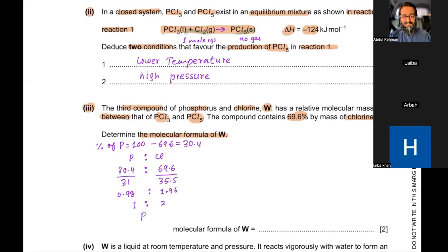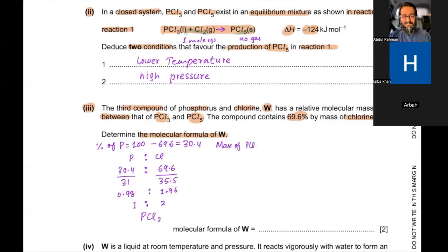And if the ratio is 1:2, it is going to be PCl2. So the mass of PCl2 is going to be 31 plus 35.5 times 2, which is equal to 102, right? Because it is going to be 71 and 31 is 102.